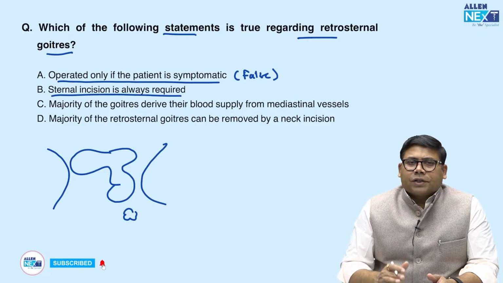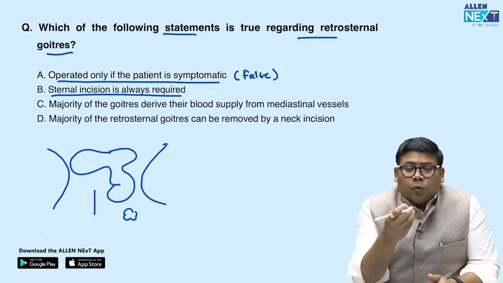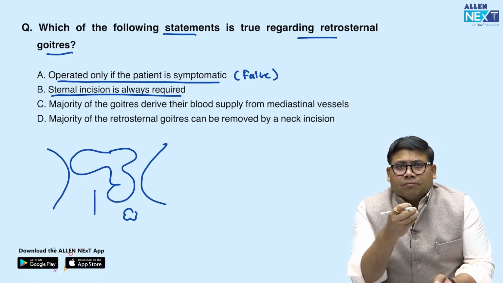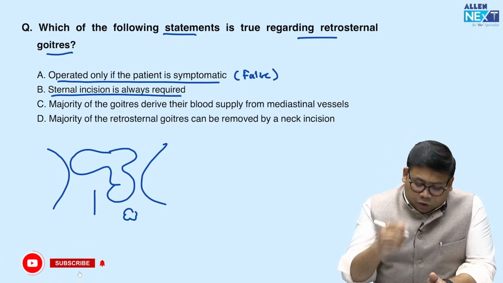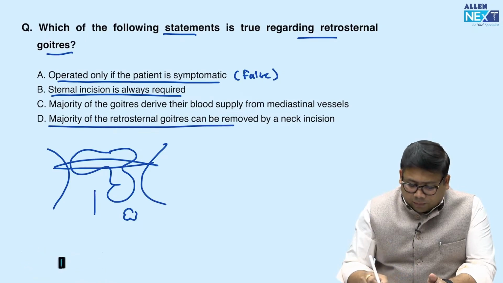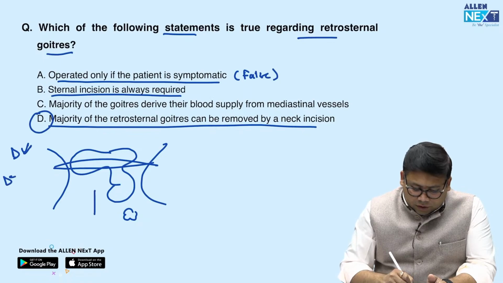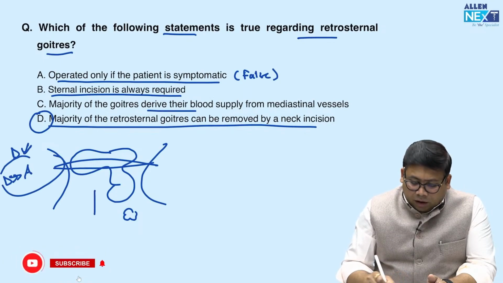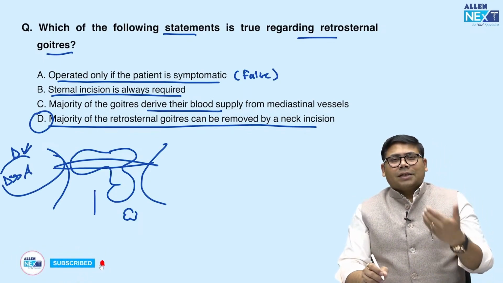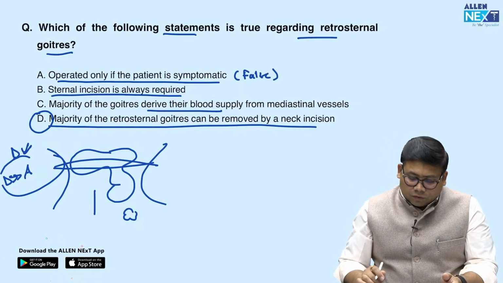Sternal incision is always required? Sternal incision is required only for the primary, truly ectopic glands turning goitrous. The majority of them are excised by a neck incision. So option D, the majority are removed by neck incision, is absolutely true, and D is a far better answer than A. The majority of the glands arise from the neck, so they do not derive their blood supply from the mediastinum. So option C is also false.